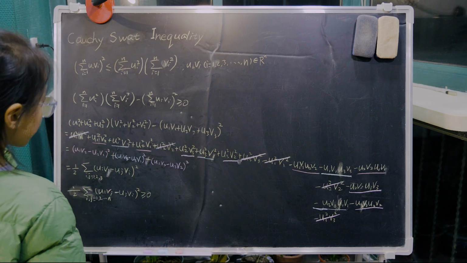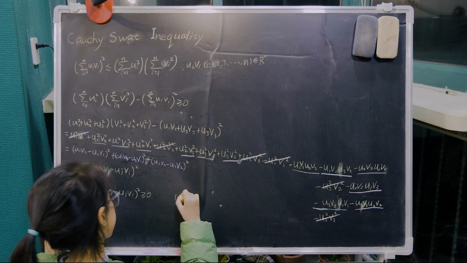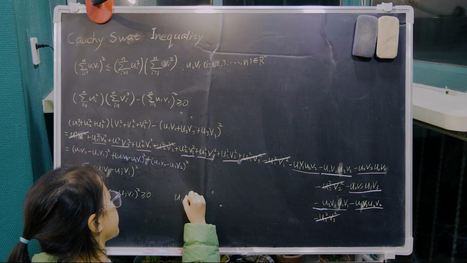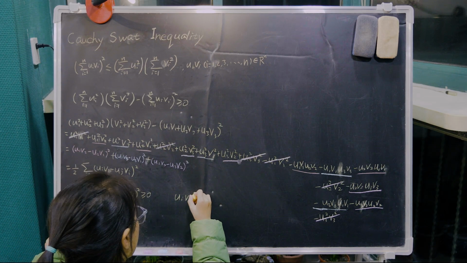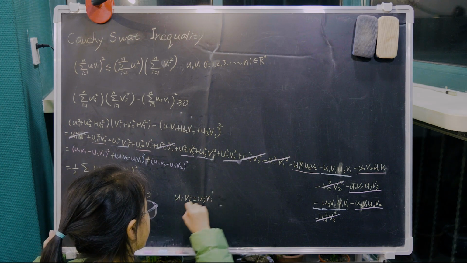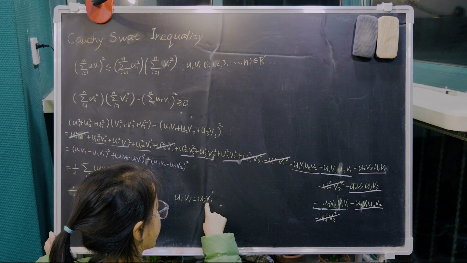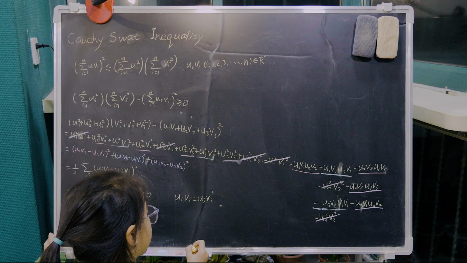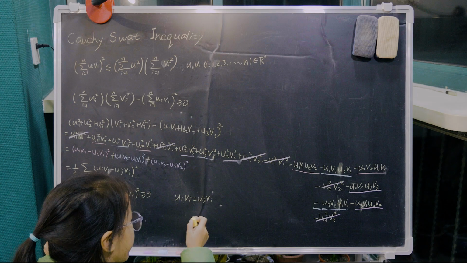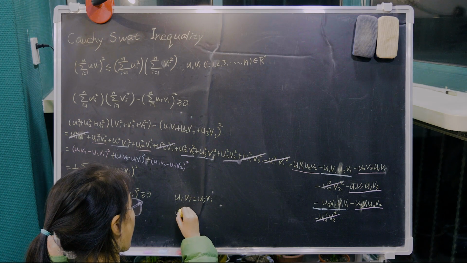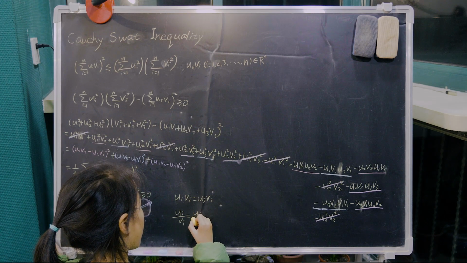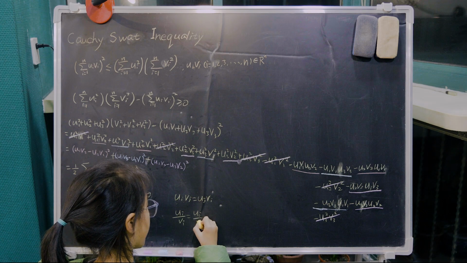So how do we do that? Because it's a minus, we can just say u_i times v_j equals u_j times v_i, and then divide both sides by v_i v_j, and we have u_i over v_i equals u_j over v_j.